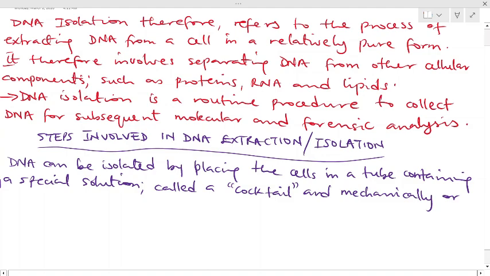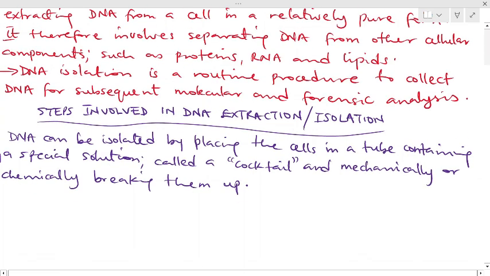These are two basic ways you can break up the cells, mechanically and chemically.